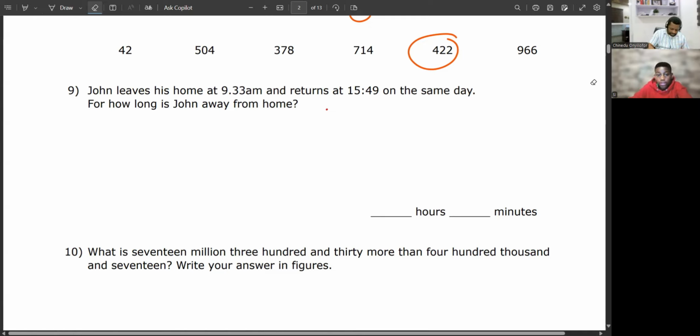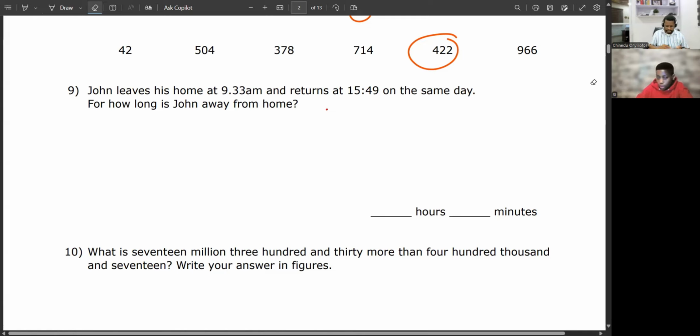And then 12 o'clock to 3 o'clock. 1, 2, 3. That's 3 hours again. So that's 6 hours.